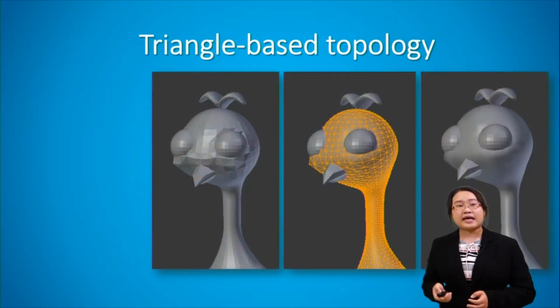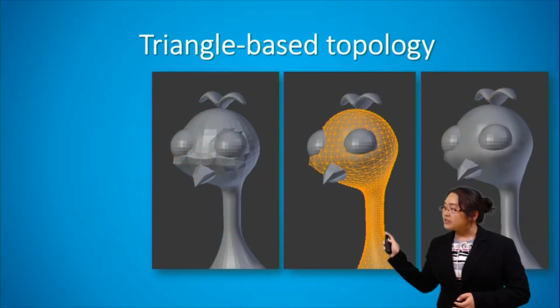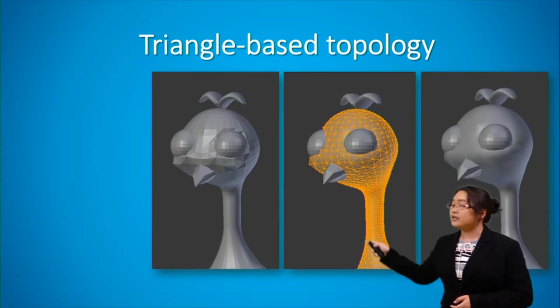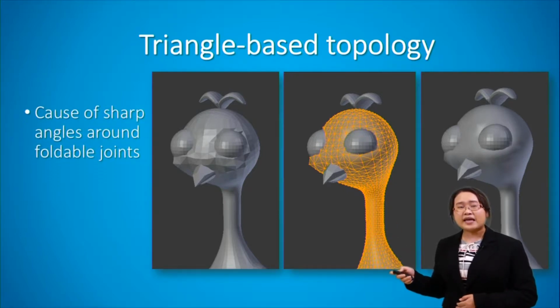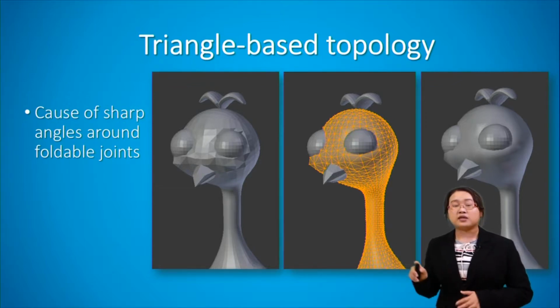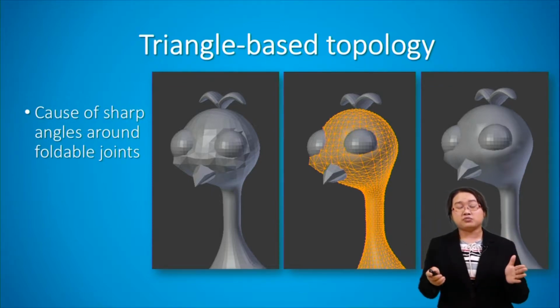Let's see this example. This model was created with triangular-based topology, like in the middle picture, and it can cause flaws or defects when you try to render it out. The picture on the left is the raw mesh.